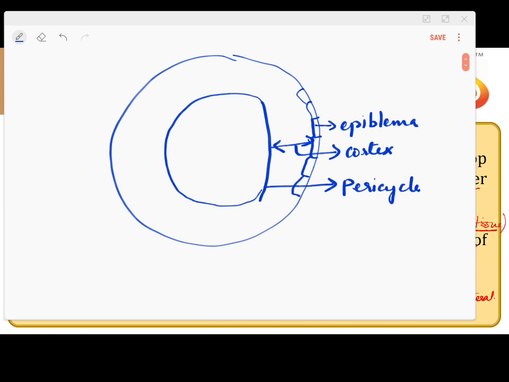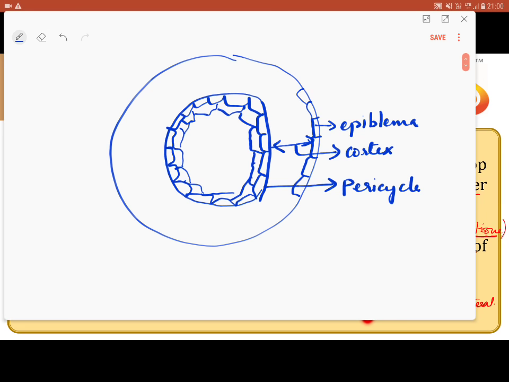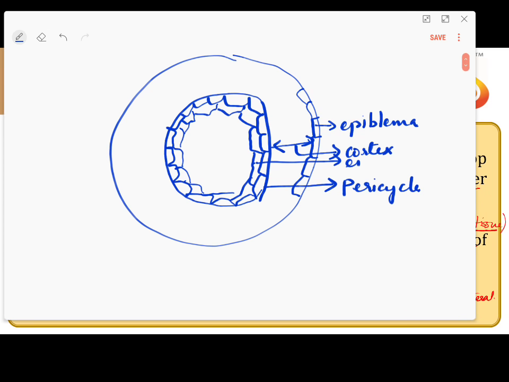You can define pericycle as the layer which is around the endodermis. So, the endodermal region comes within. So, this is pericycle. Inside this you have endodermis. So, the next region here we can define as endodermis.